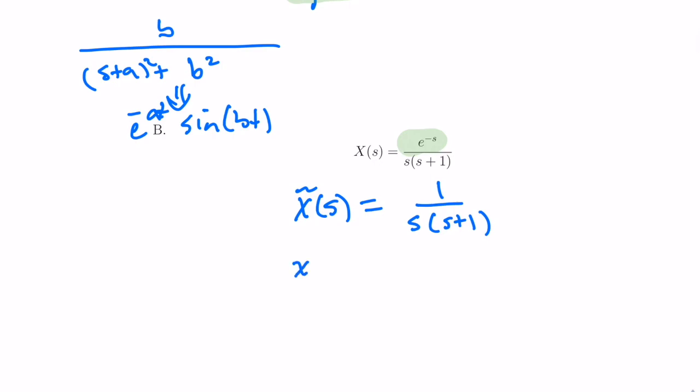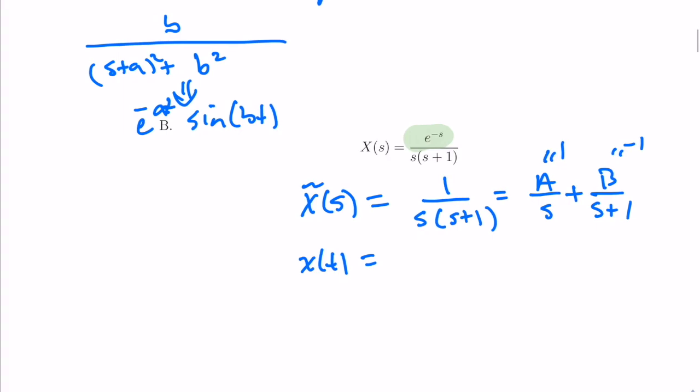From there I can find x of t by doing a partial fraction expansion. You cover up the s and plug in 0 for what's left, so you get a equal 1. And then for b, you plug in s equal minus 1 and cover up the s plus 1 term, so b is equal to minus 1.